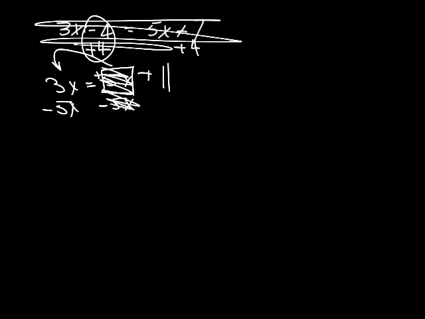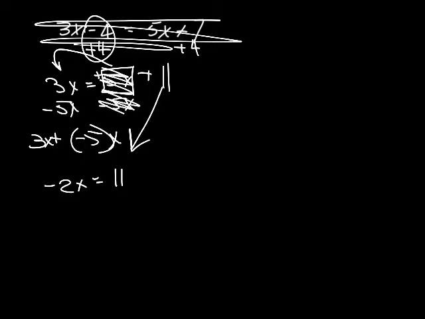When I subtract it here, it goes away. 3 minus 5 is the same as 3 plus negative 5x. So signs are different: you take the difference, put the sign of the largest one on there, and that equals 11. Now we divide by negative 2, divide by negative 2, those go away, and we have x equals negative 11 over 2, and we're done.